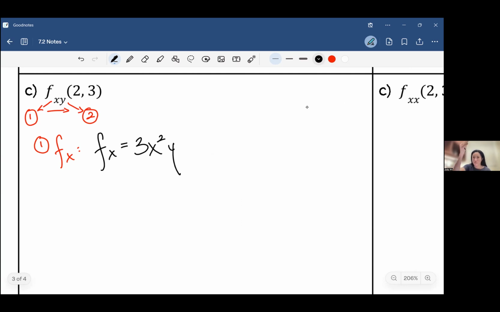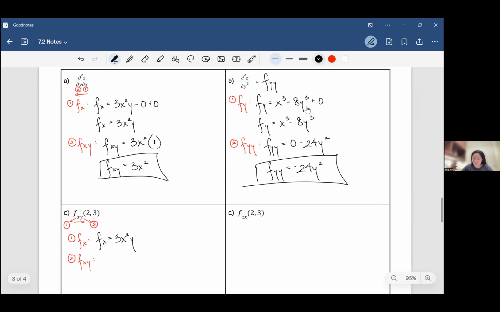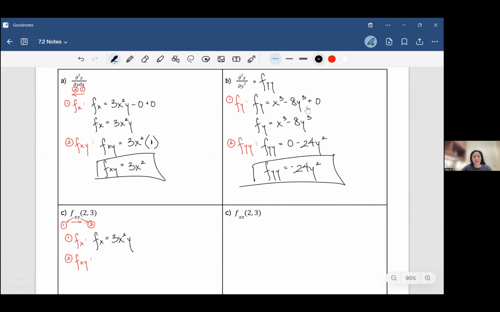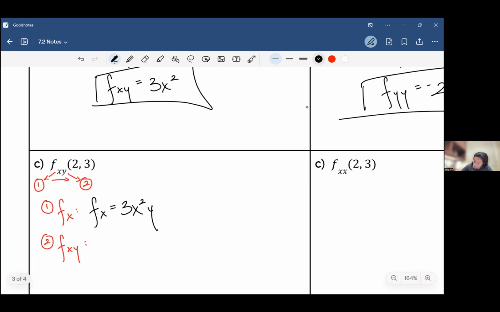I'm just grabbing that from part A from above. And then second, I'm finding fxy. Oh, okay, so this is actually asking us exactly what part A was asking us, right? So it's so important that we get that order correct. So I can actually write down my final answer from there, which is fxy equals 3x squared.